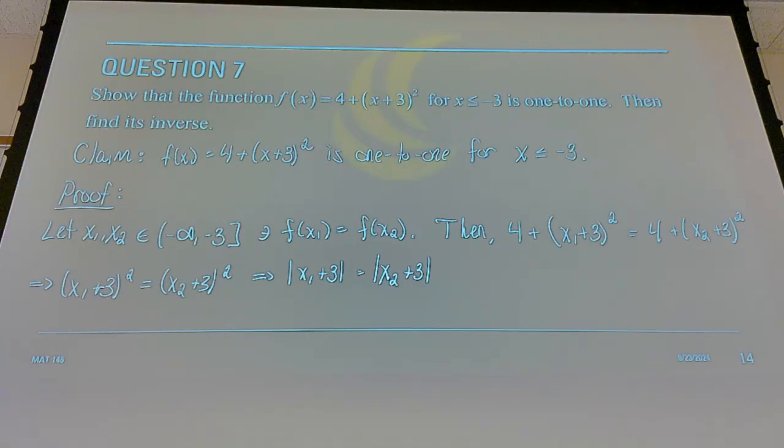So this is where we're at right now. However, we know that if x is less than or equal to -3, doesn't that mean that x plus 3 is less than or equal to 0?